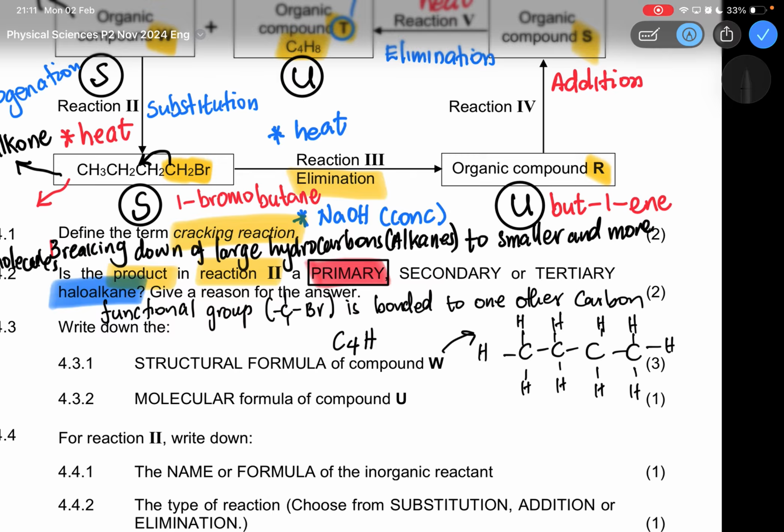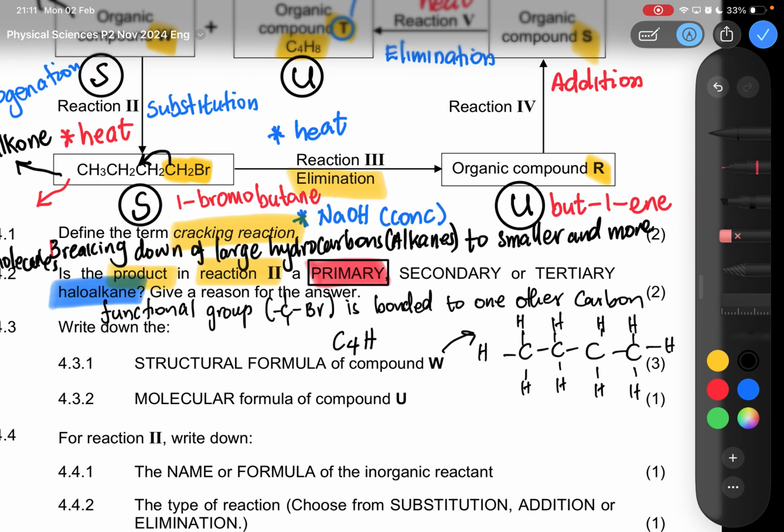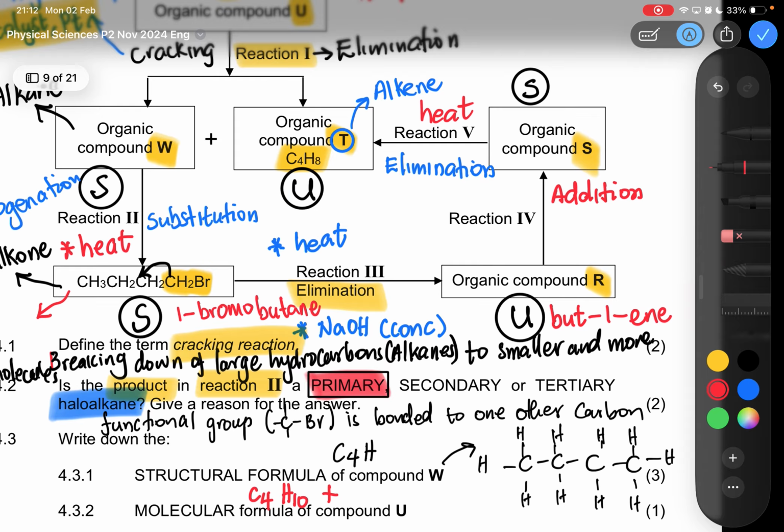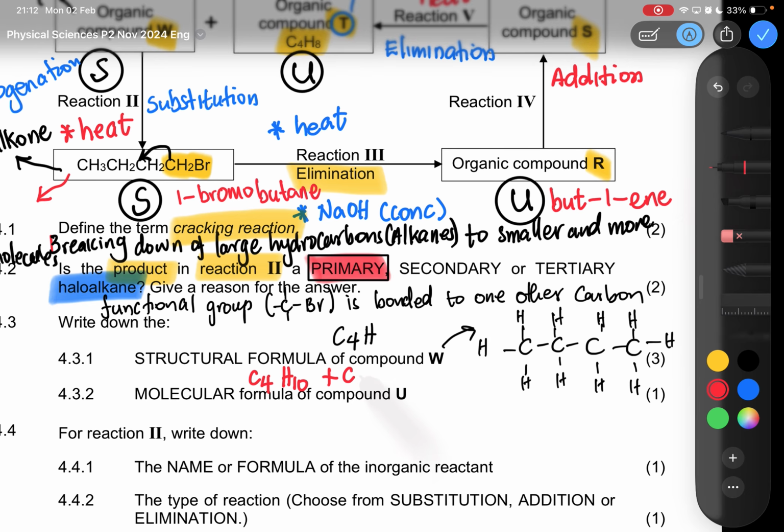Now it says the molecular formula of compound U. We already know that compound W has 4 carbons, so it's C4H10, plus compound T has 4 carbons again with H8.